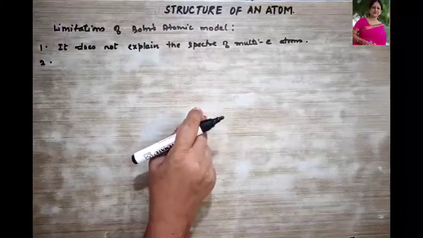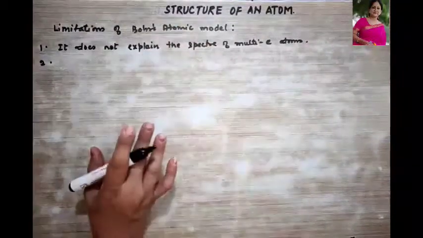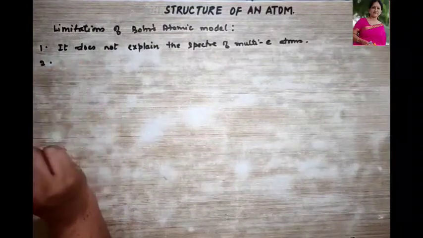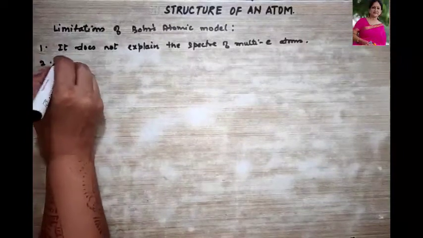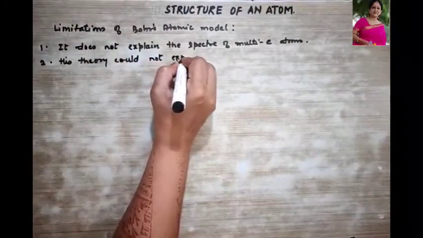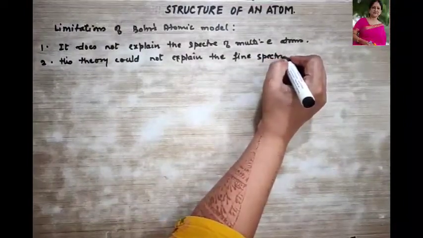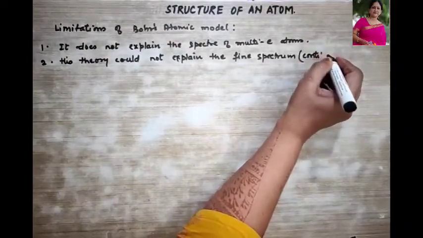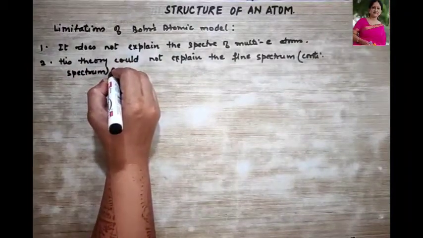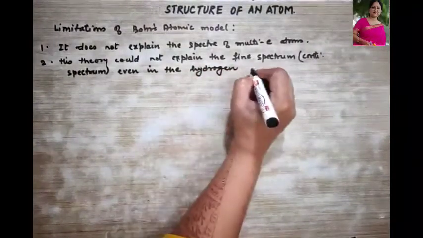One line is formed, then after some distance another line is formed, and so on. So his theory could not explain the fine spectrum, or what we call the continuous spectrum, even in the hydrogen atom.